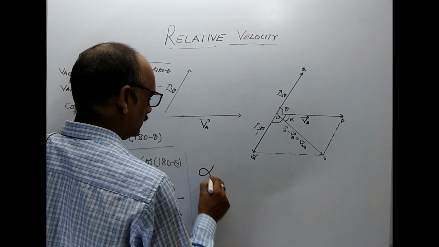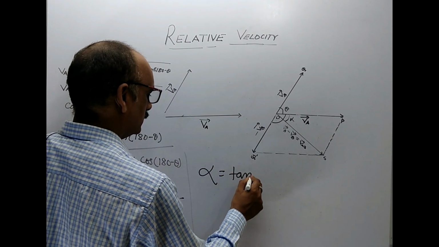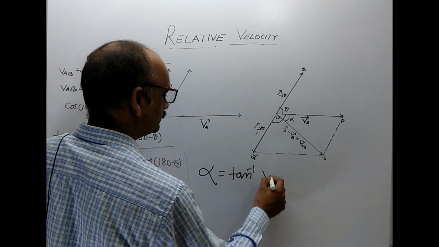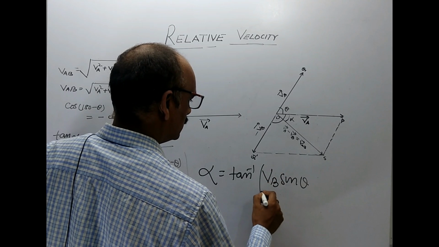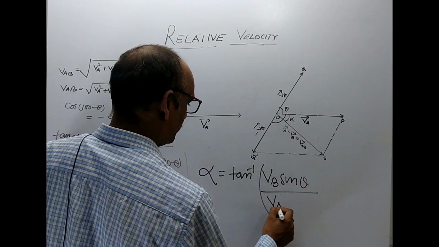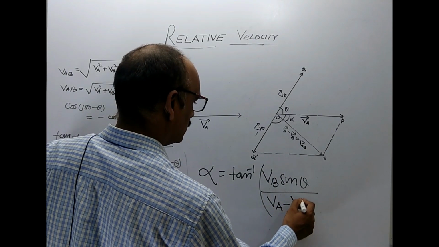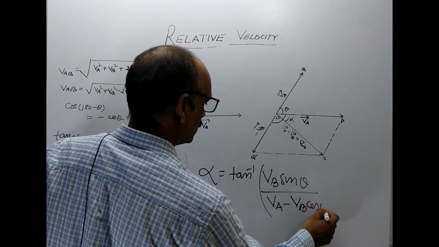That is alpha equals tan inverse of VB sin theta divided by VA minus VB cos theta.